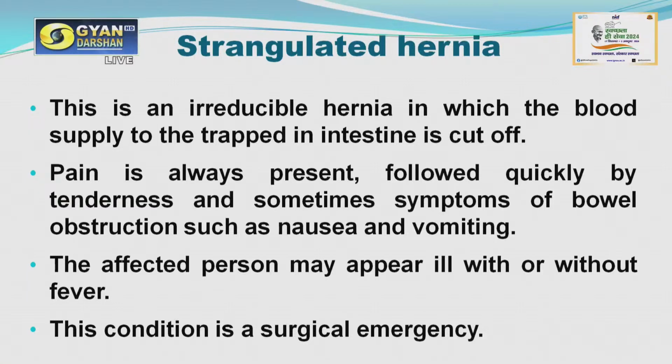The affected person may appear ill, with or without fever, and this condition is a surgical emergency. If the patient is complaining of these along with pain, vomiting, nausea and sometimes fever, it has to be removed surgically or the patient needs a surgical consultation.